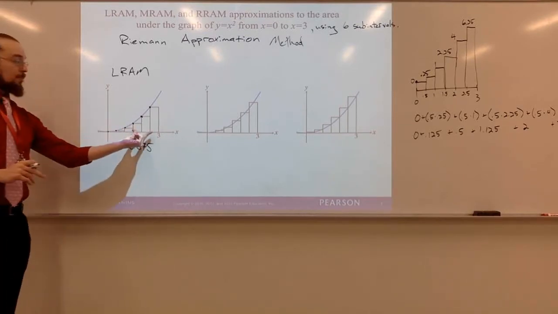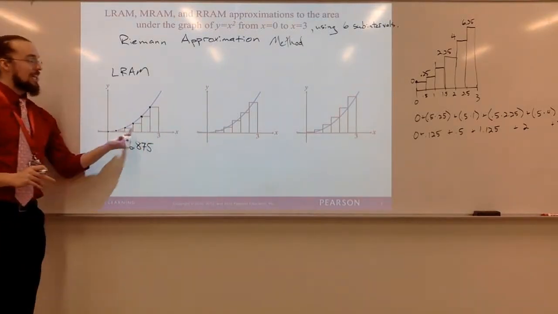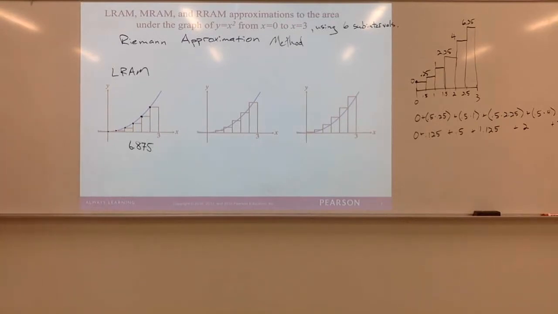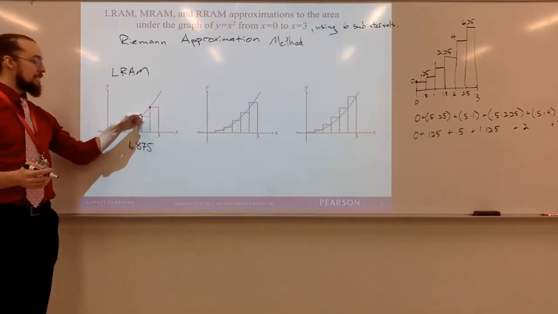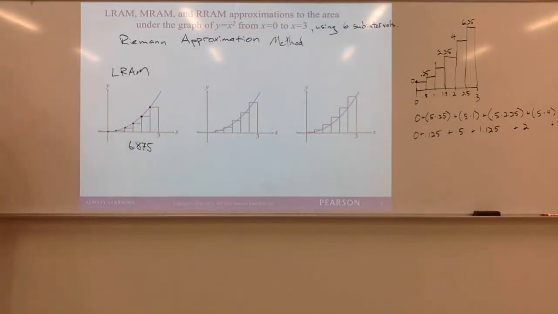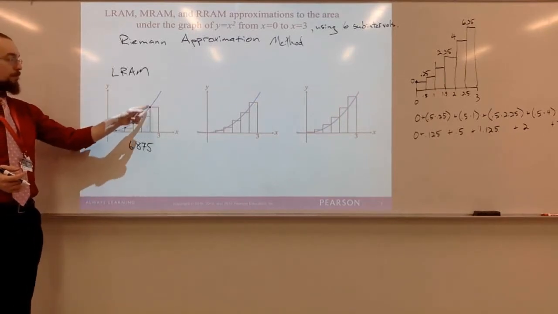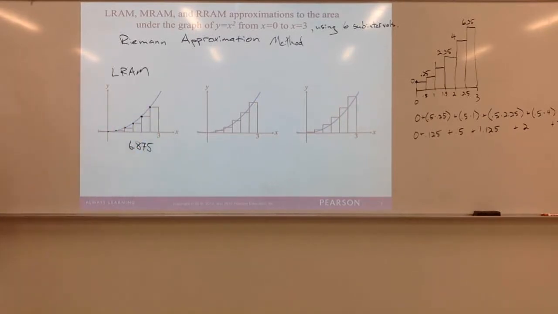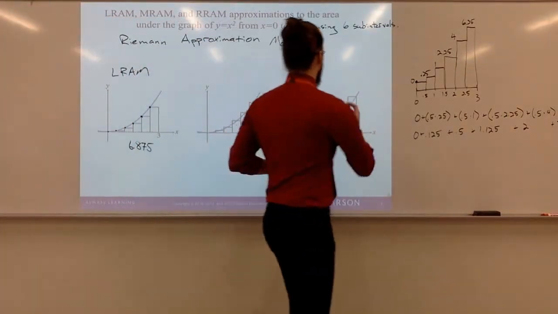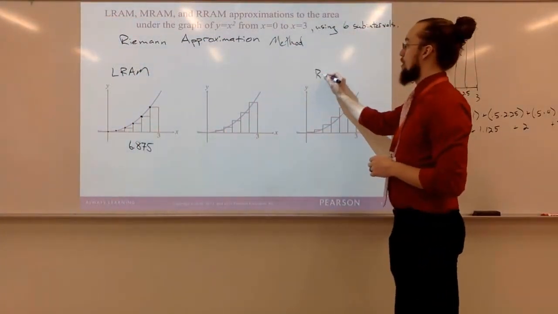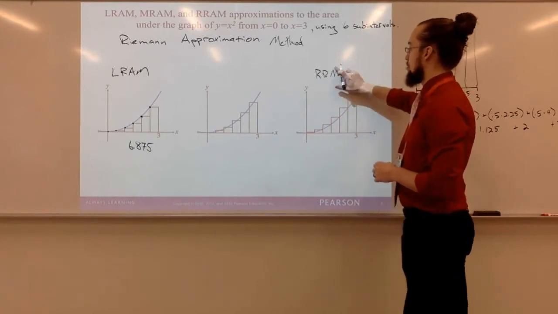Alright, so this estimate, using our left Riemann approximation method, is 6.875. That's our estimate for the area under the curve. But we can very clearly see that it's going to be an underestimate. I'm missing fairly big chunks of area here. So let's do the right Riemann approximation next.